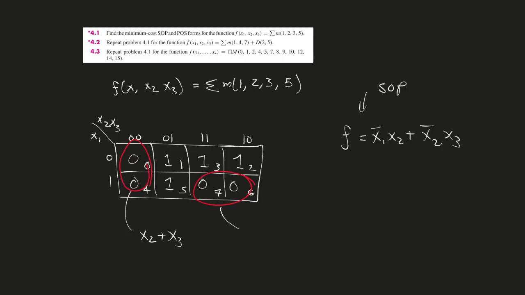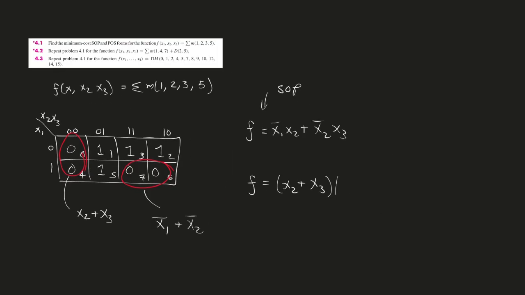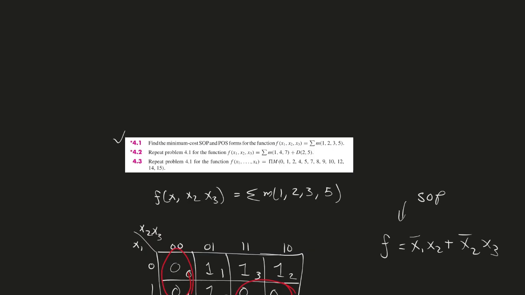Okay, so x1 doesn't change for this one, but it's represented by 1, so we knot it. Plus x2 naught, because x2 doesn't change. And our output will be x2 plus x3 times x1 naught plus x2 naught. Okay, so that's first problem solved.